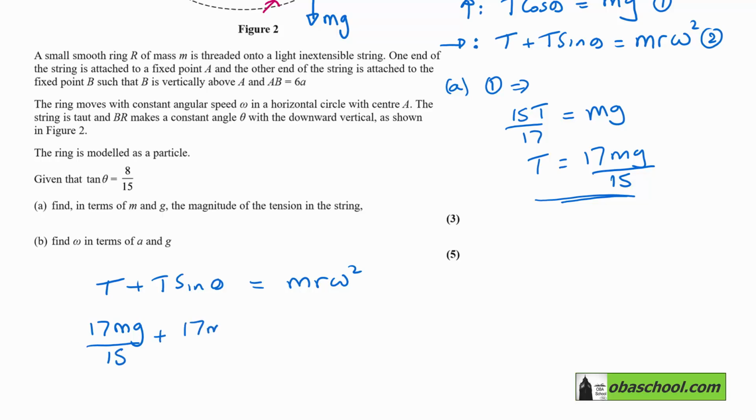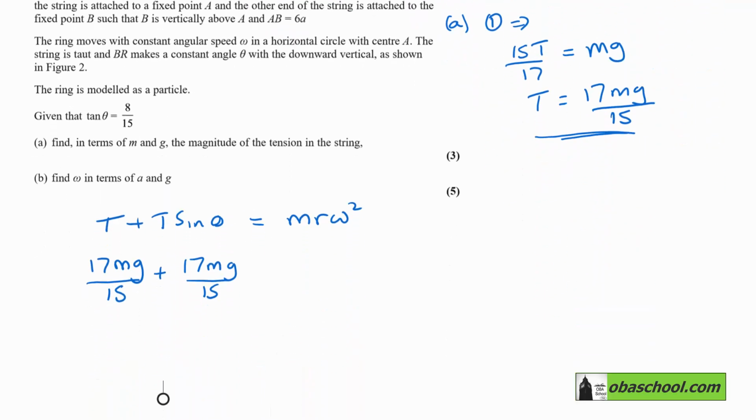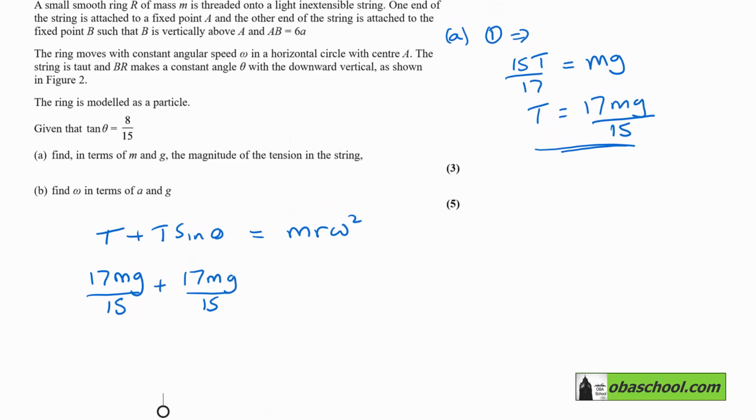And then here we have 17mg/15 times sine theta, which we said was 8/17. And that's going to be equal to m r omega squared. But we can work out r.